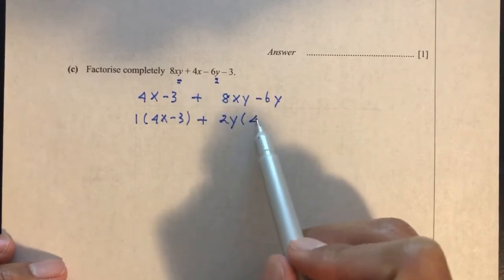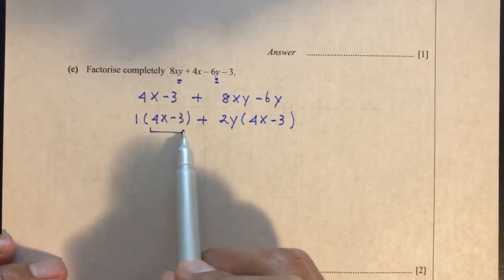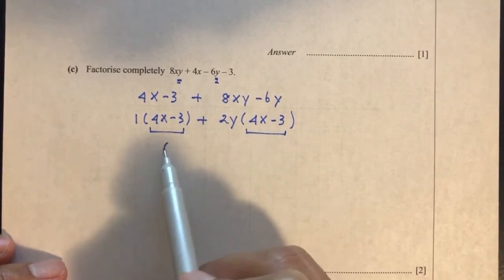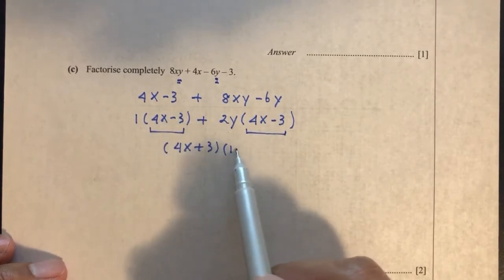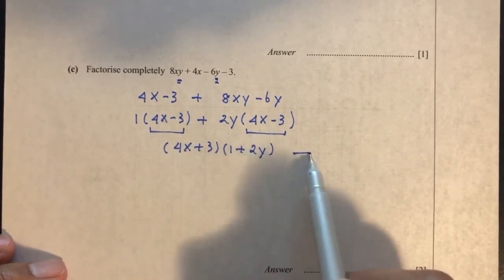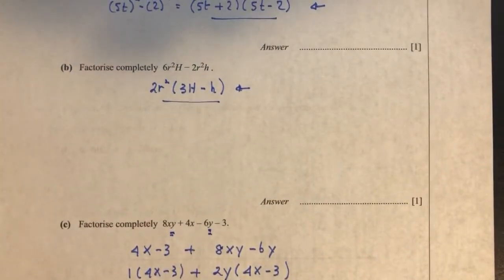So we have 2y times (4x minus 3). We observe this and this are the same, so we take it out and we have 1 remaining plus 2y. And this is your answer for part C. And that is question number 17.